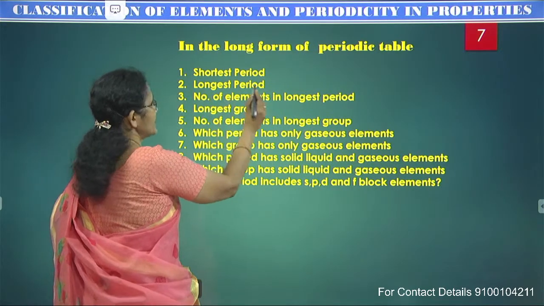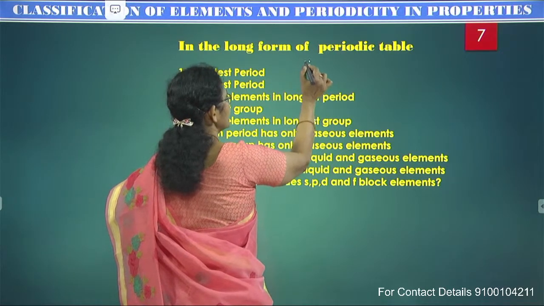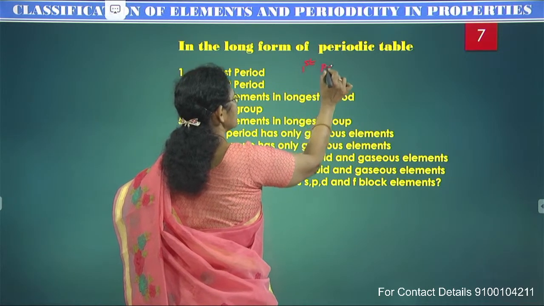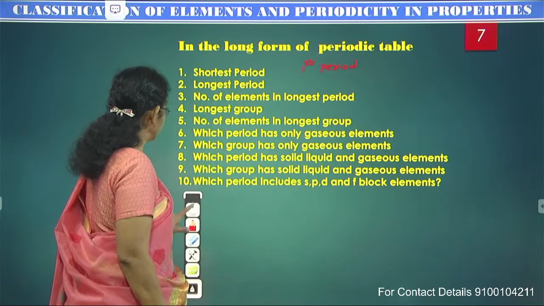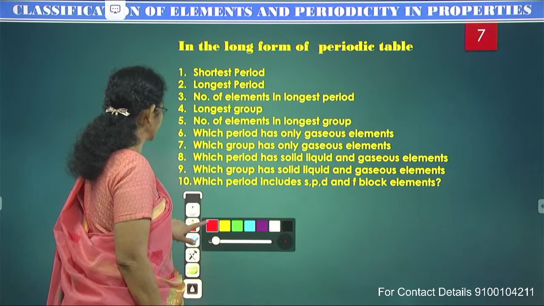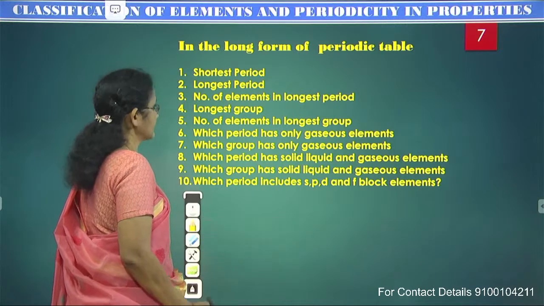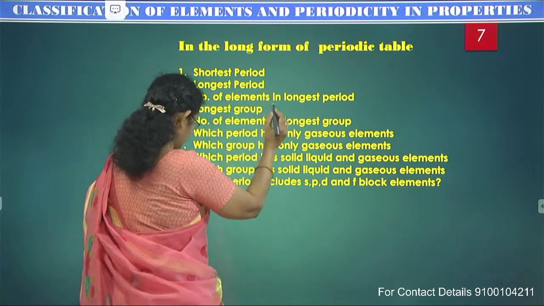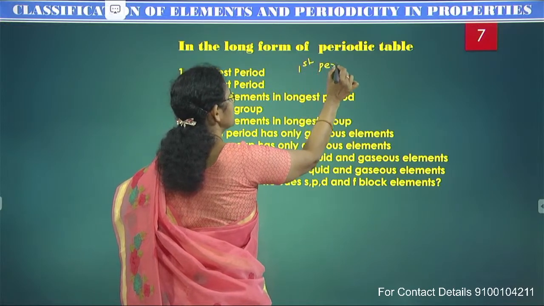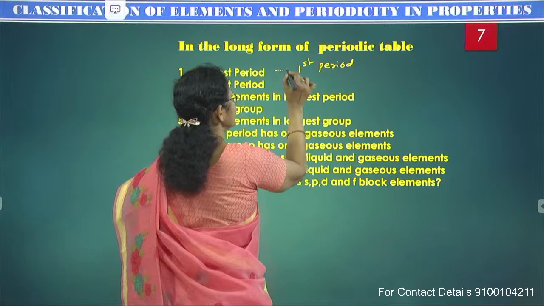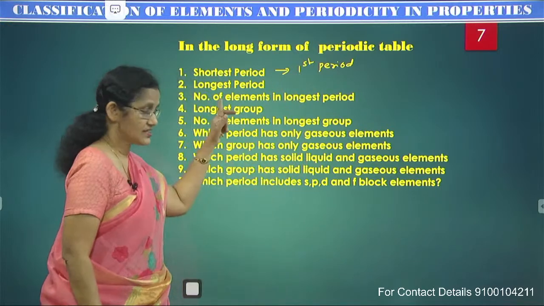See some points here. Which is the shortest period? It is first period, right, with yellow. So, which is the shortest period? First period. Now, which is the longest period?